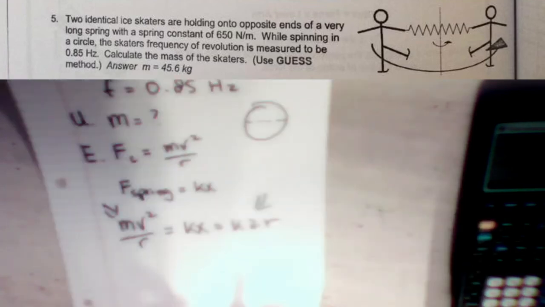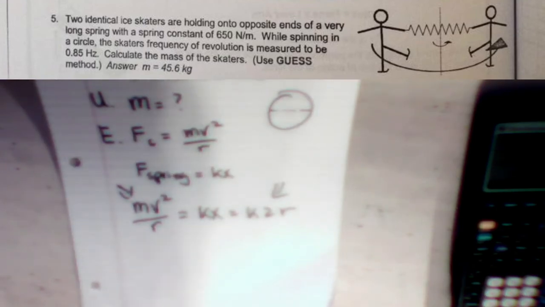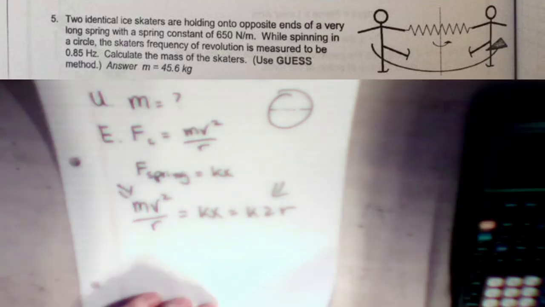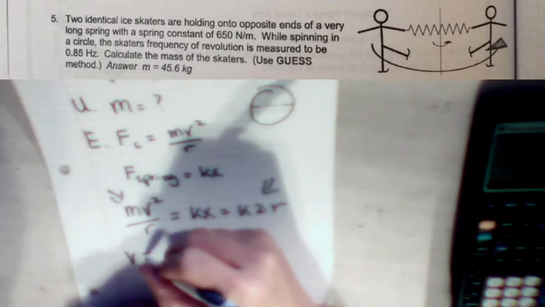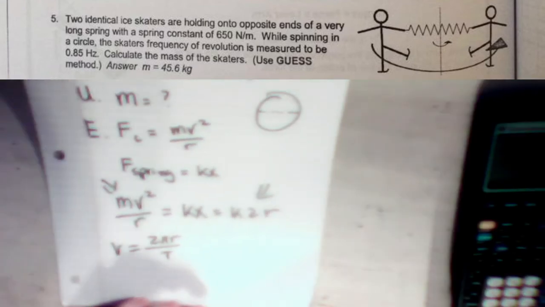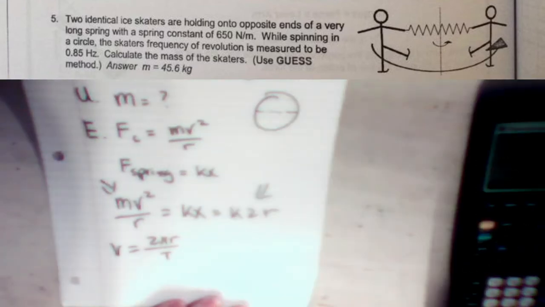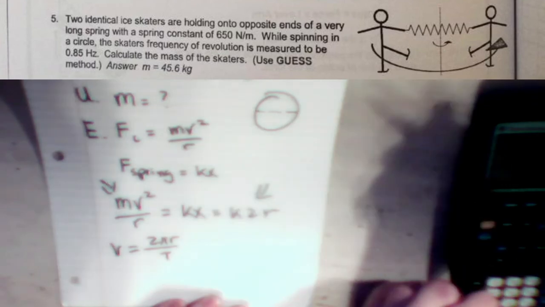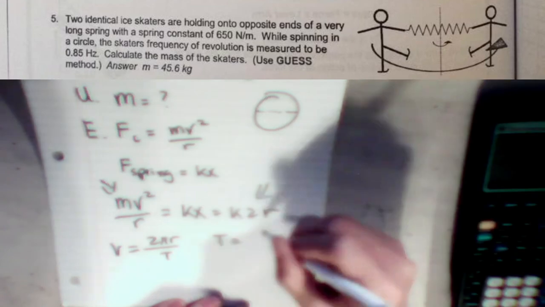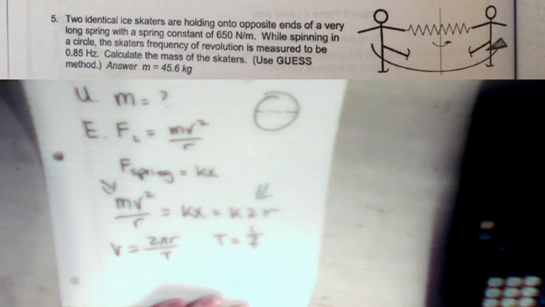So what equations do you know from your formula chart, I guess, that compare velocity with frequency? Well, one that we did was velocity is equal to 2 pi r over T, where T is period, and the period is also 1 over frequency.